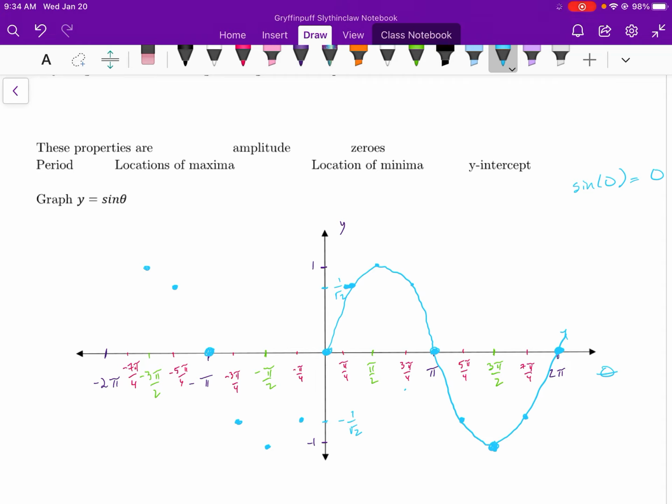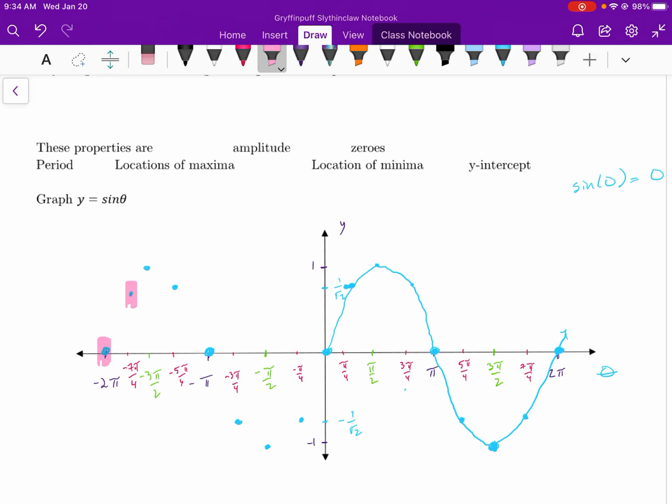So what we notice here now is negative 3 pi over 2 has a sine value of 1. Negative 7 pi over 4 has a sine value, well, I stopped talking, right? And what I did for those last 2 points is I just sort of followed the pattern of the graph.